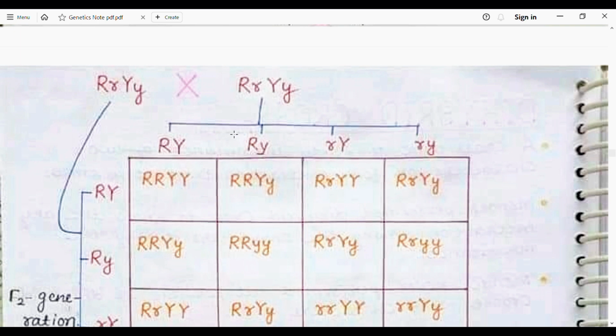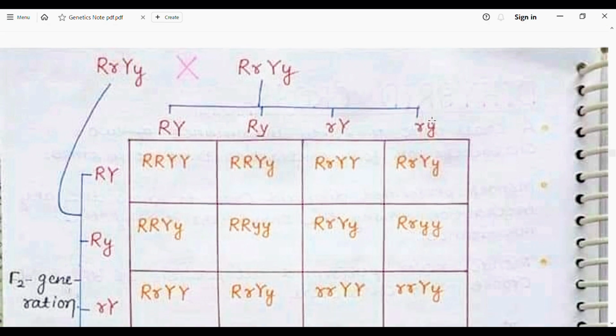Here you can see that capital R may combine with capital Y, and capital R may combine with small y. In a similar way, small r may combine with capital Y, and small r may combine with small y. So four different types of sperm as well as four different types of eggs are produced.